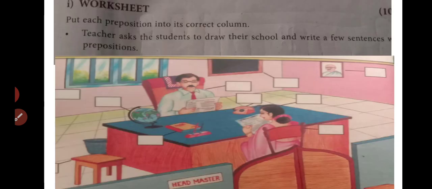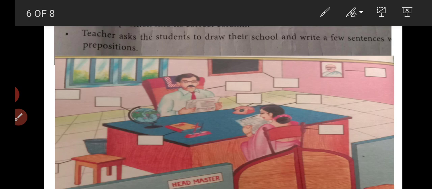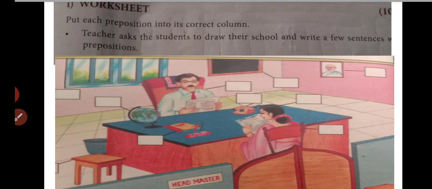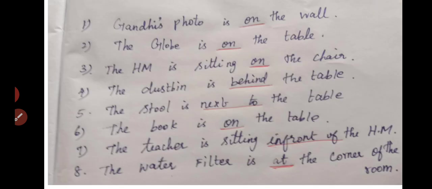Can you see the water filter? These are the answers for this worksheet, page number 39.